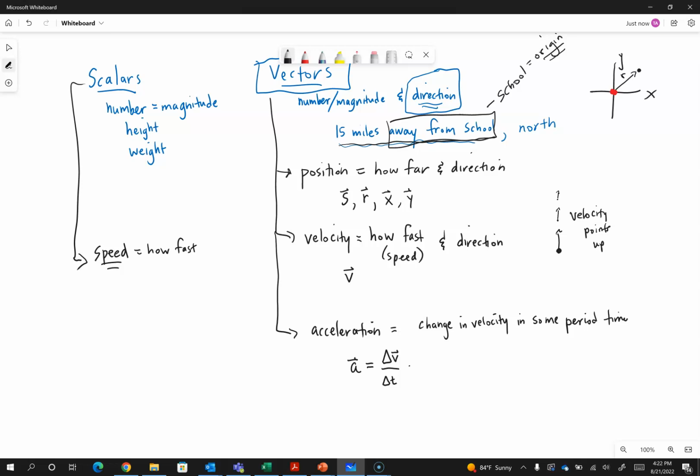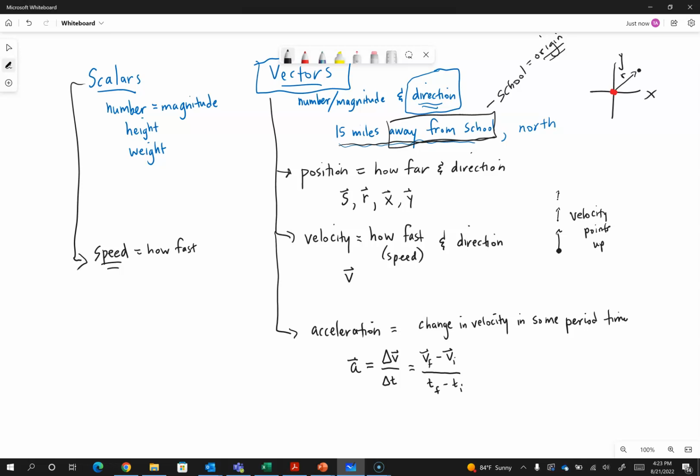Now, just quickly as a reminder, delta anything means the final value of that thing minus the initial value. So delta V would be V final minus V initial. Delta T would be T final minus T initial.